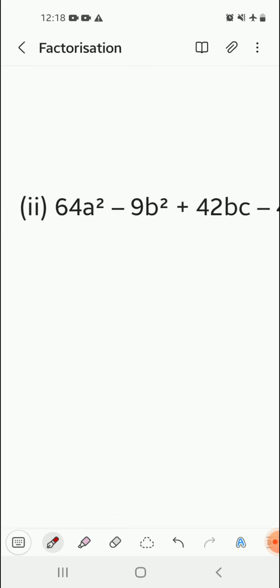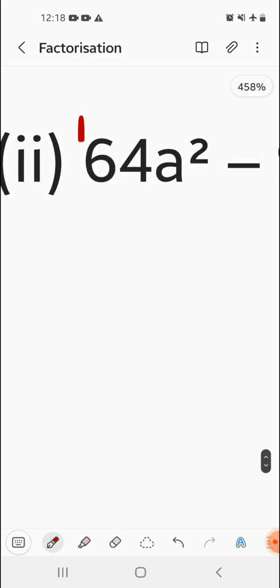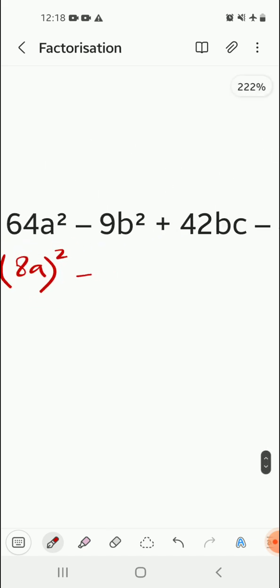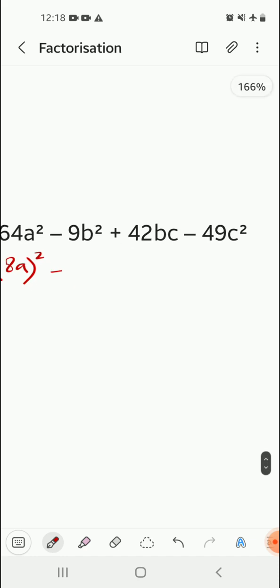So first of all, we can use the square root of 64, that is (8a) whole square, minus, here we have got 9b square plus 42bc and 49c square.